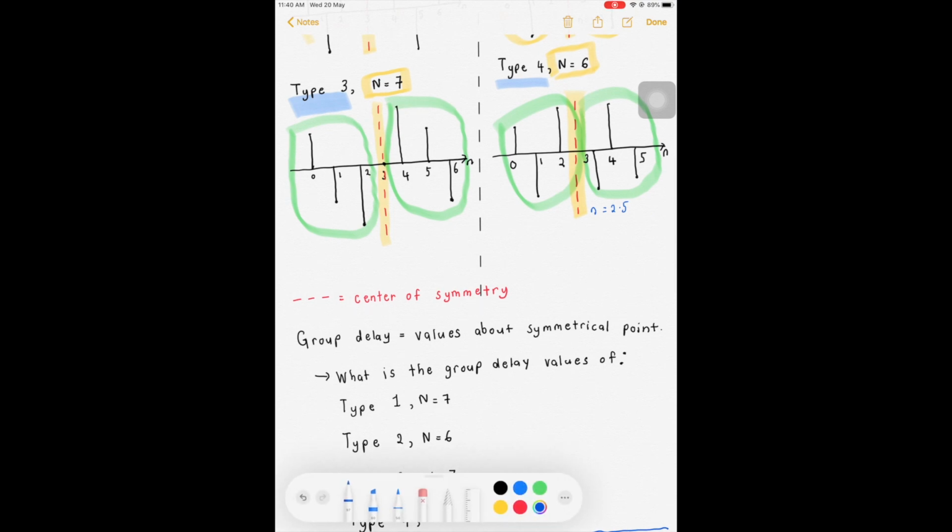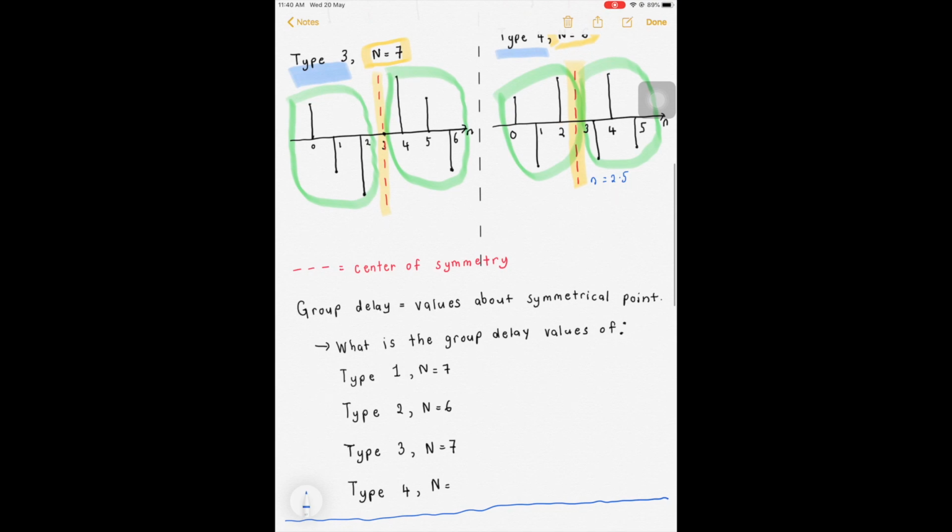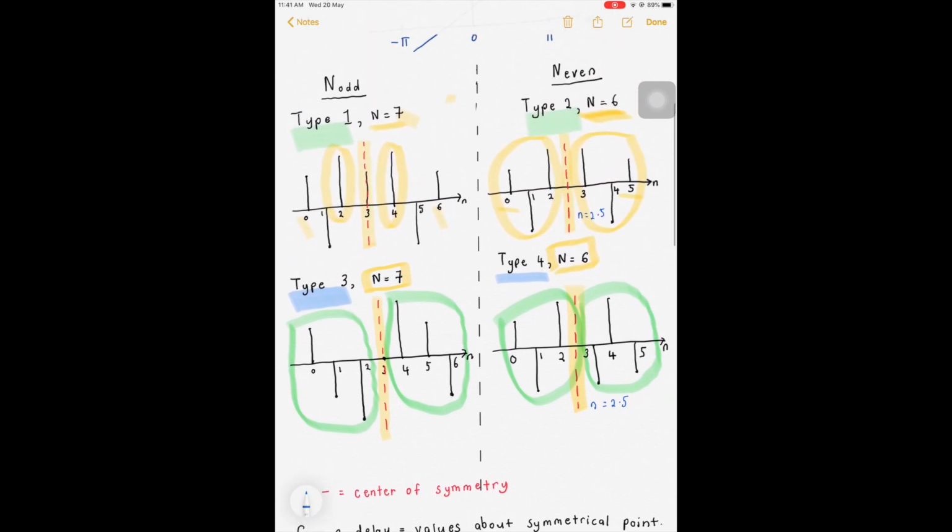Next, I give you one example. You need to determine the group delay values of type 1 with n equal to 7, type 2 with n equal to 6, type 3 with n equal to 7, and type 4 with n equal to 6. I know you can answer this one. Type 1, n equal to 7.